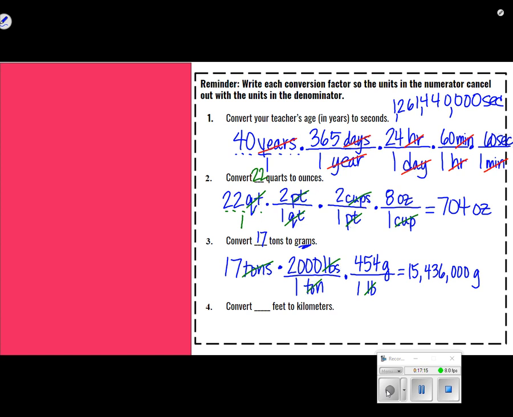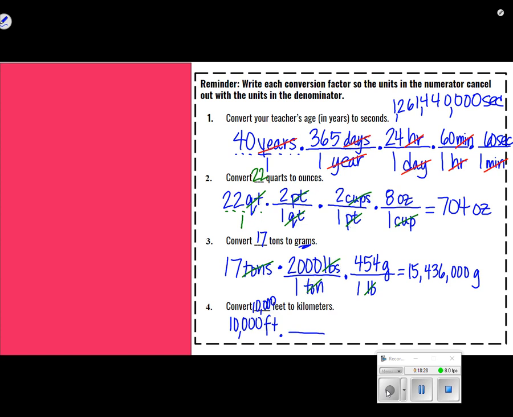All right, let's look at 4. 10,000 feet to kilometers. So we got a big number, 10,000 feet. And we're going to convert it into kilometers. So what we need is to go back and look at that unit of length. And the best thing I've got is to go from inches to centimeters, that there are 2.54 centimeters in an inch.